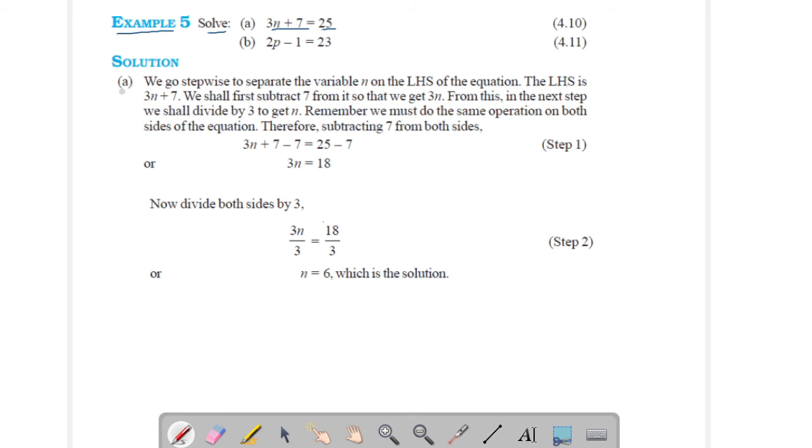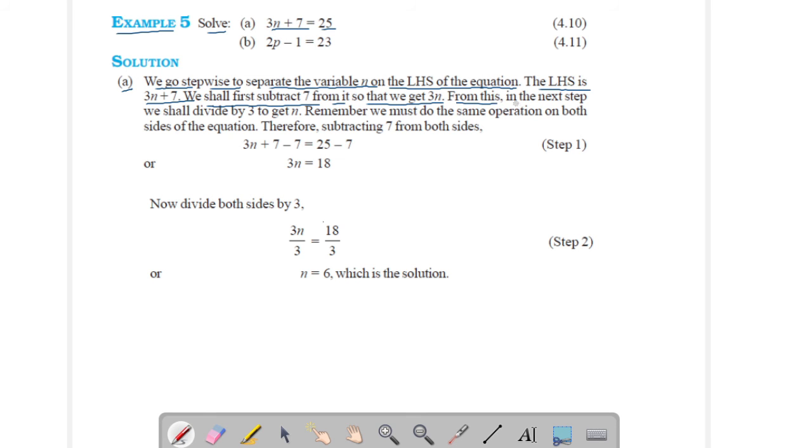See the solution of A part. We go stepwise to separate the variable n on the left hand side of the equation. The left hand side is 3n plus 7. We shall first subtract 7 from it so that we get 3n.